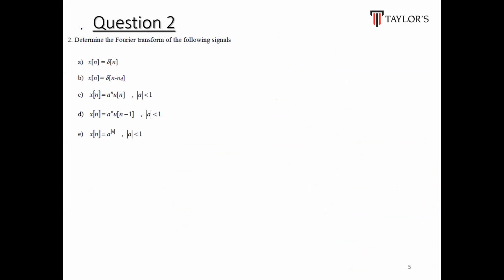Okay, so just now, method 1 was my method. Our answer was, do I still remember the answer? No, the answer was 1 divided by 1 minus a e^(-j omega). Oh yeah, the answer was the other way: a e^(j omega) divided by 1 minus a e^(j omega) plus 1 over 1 minus a e^(-j omega).